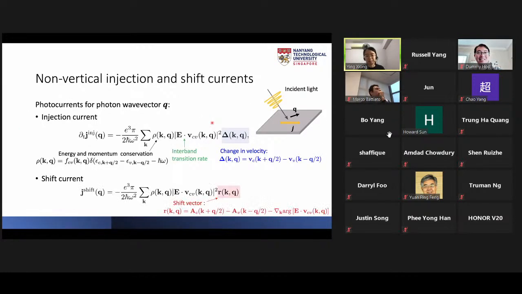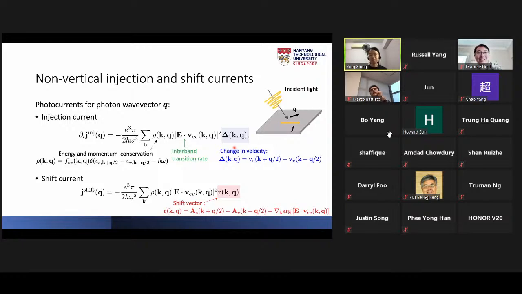Okay, sorry, I didn't have a slide for that. It is the relaxation time that depends on the scattering of electrons. The injection current describes some change in group velocity of electrons upon interband transition.